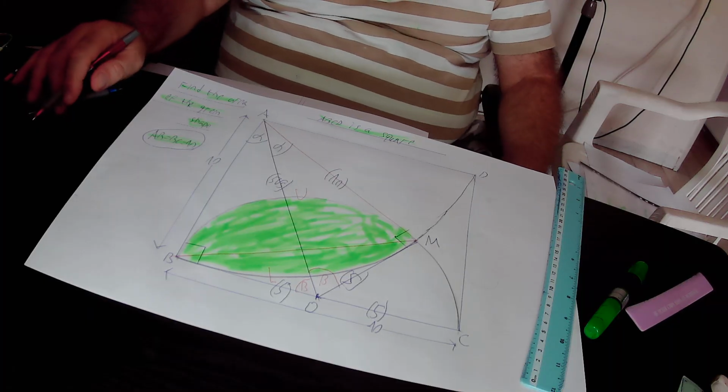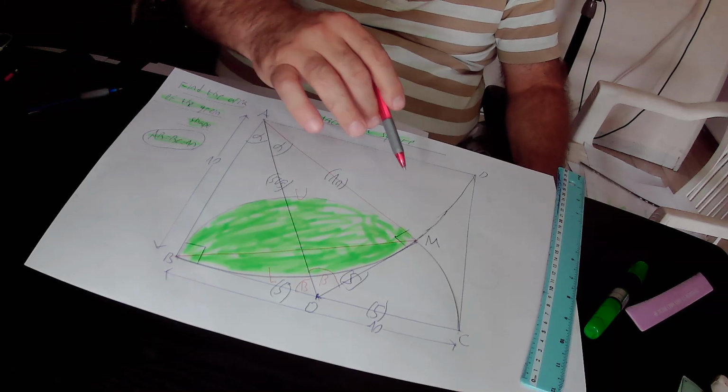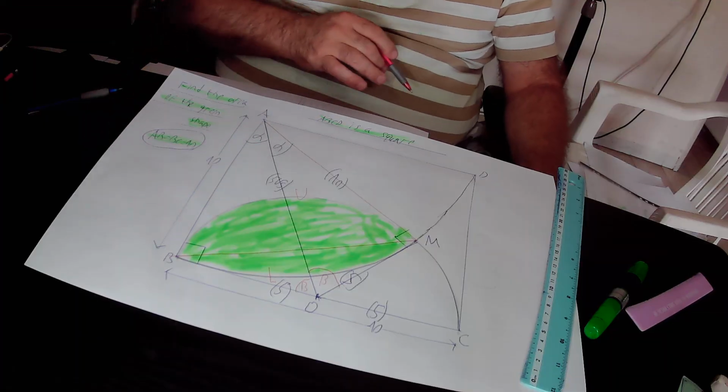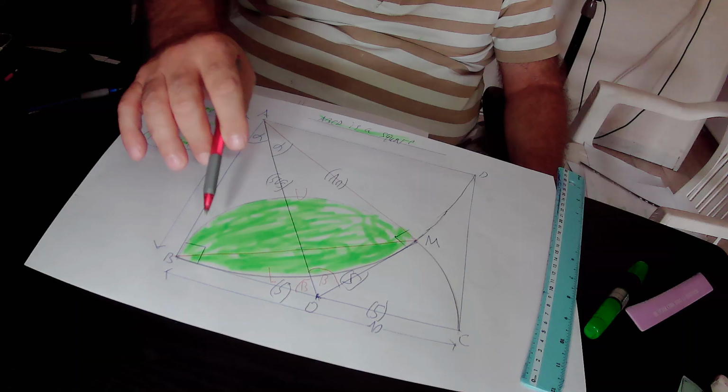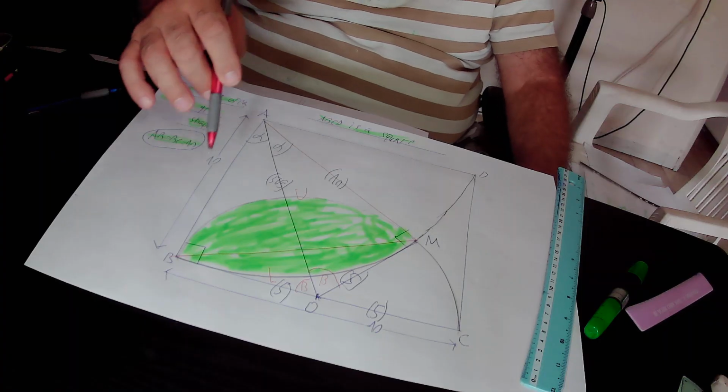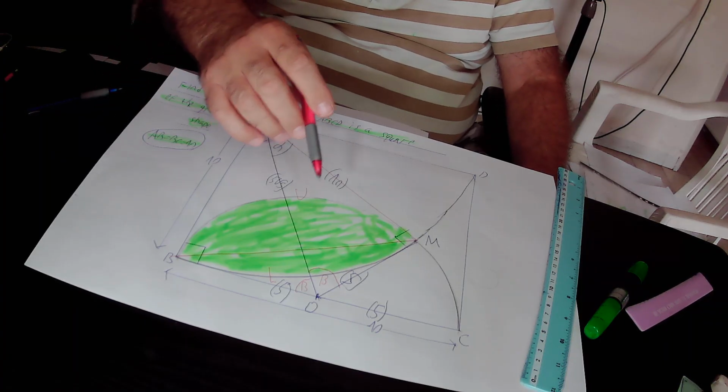So first of all, we'll find the area of this lower segment MLB. In order to find the area of this lower segment MLB, I'll copy this sector ABM in an Olympiad.